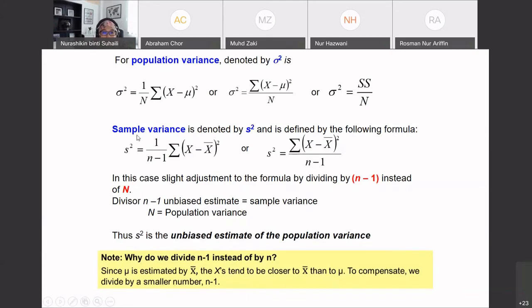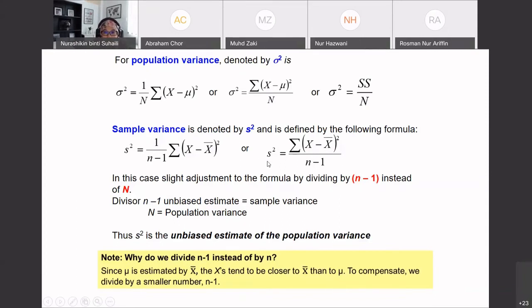Sample variance is denoted by S squared.